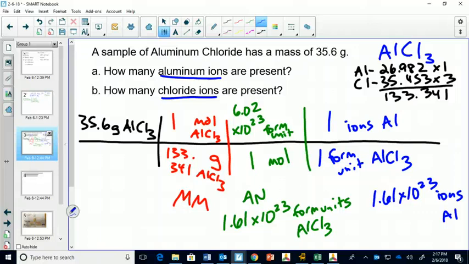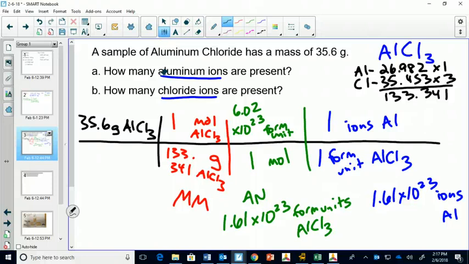I thought you have 4 aluminum, and you have 4 models. Don't you times 3 times 4? No, what we're saying is the ratio is a 1-to-1. For every 1 aluminum chloride, there's 1 aluminum.